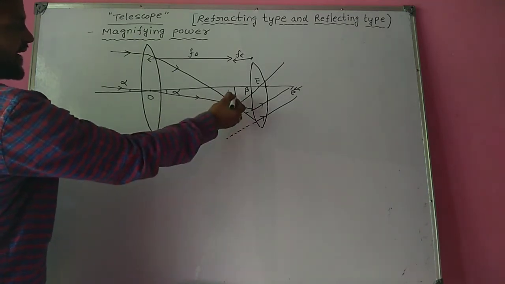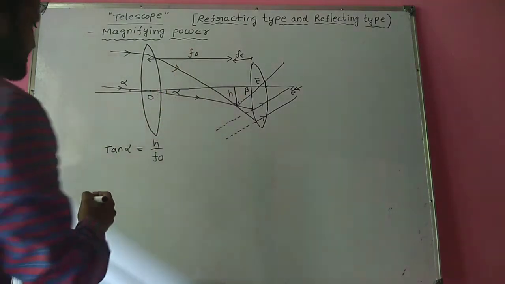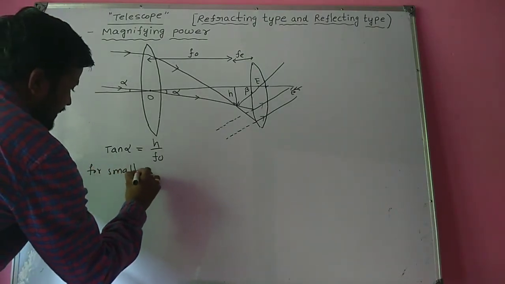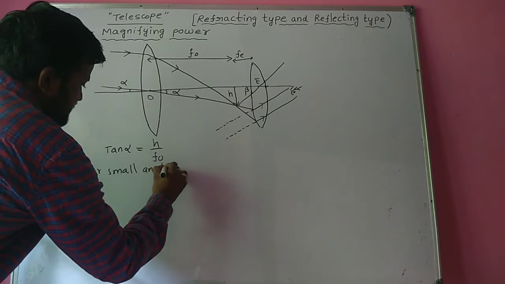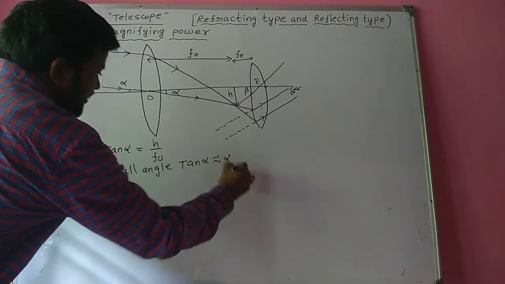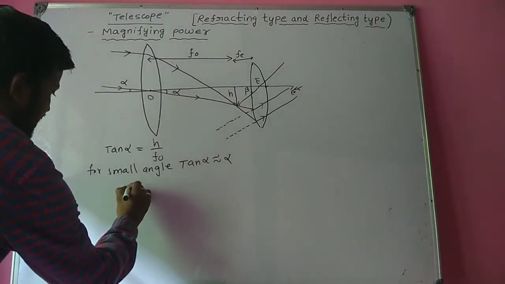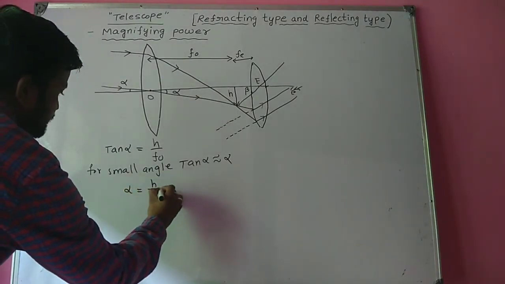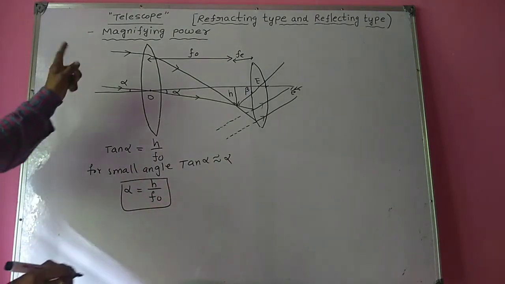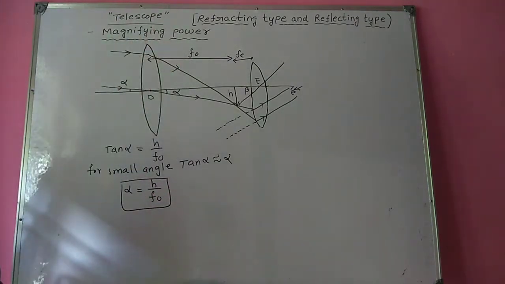Tan alpha is h by Fo. For small angle, tan alpha can be written as alpha. From that, alpha is equal to h by Fo. Alpha is the angle made by the object at the eye.